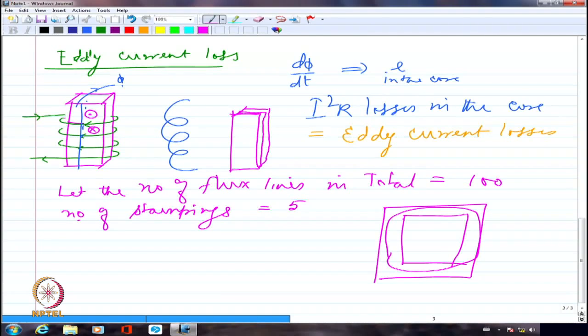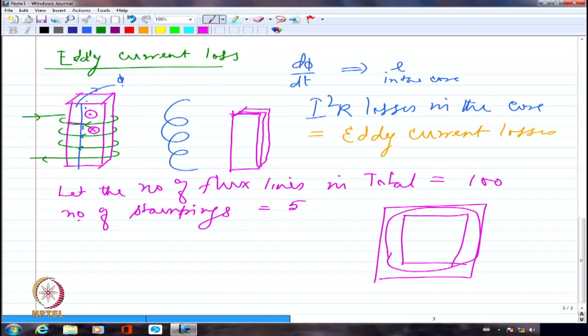So that's the reason why we are dividing the flux lines confining to every lamination. That will be 1/n of the total number of flux lines if I have n such laminations. So obviously the voltage induced in each lamination will be 1/5 of the overall voltage that would have been induced if there had not been a laminated core, if it had been a solid core.